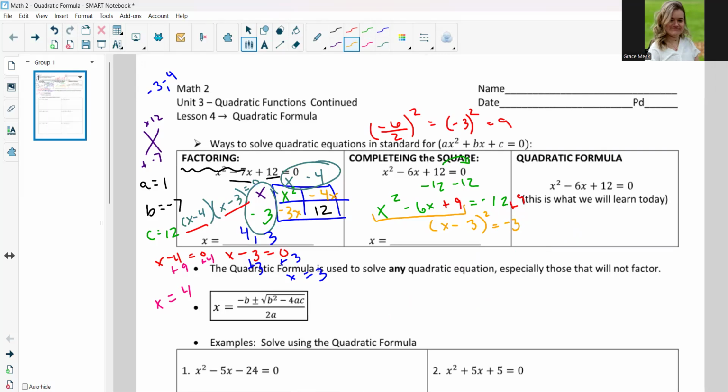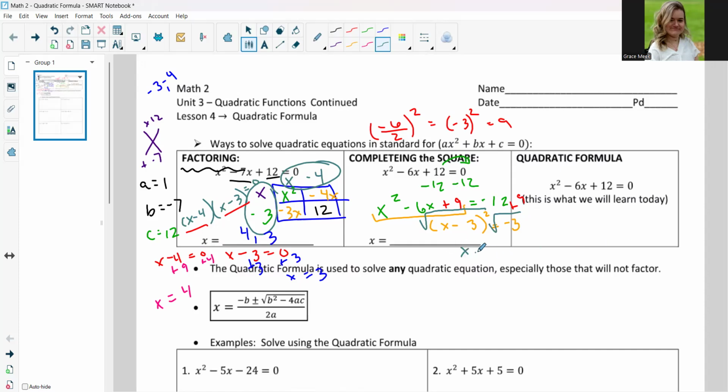Now that we have a square on the left, we can take the square root of both sides. And you should notice on the right that we're going to take the square root of a negative number. So that means we're going to have to use some imaginary numbers here, which we can do.